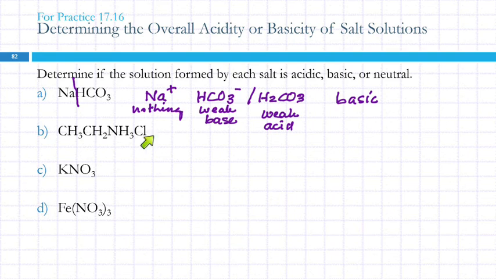And then what's on the end? It's Cl minus. So CH3, CH2, NH3, and Cl minus. We know that Cl minus is a negative because of its position in the periodic table. What does that make the charge on this guy? Positive 1.